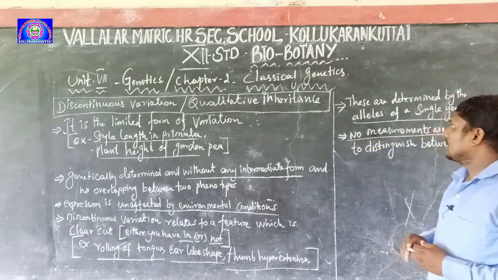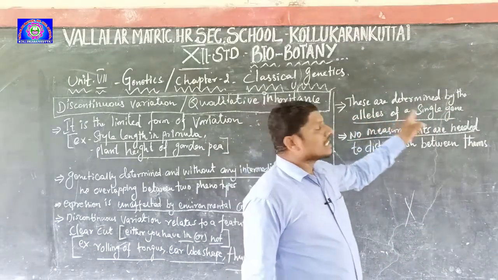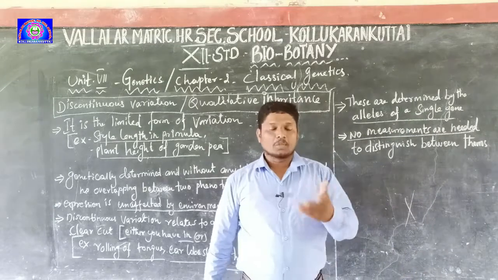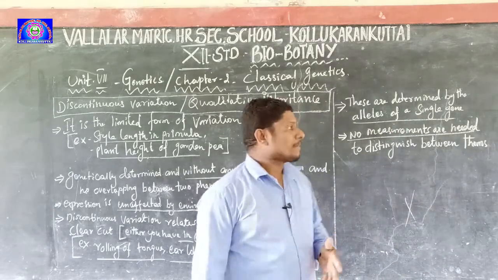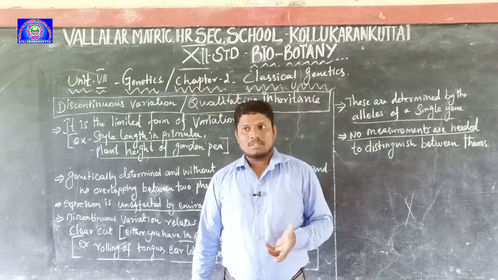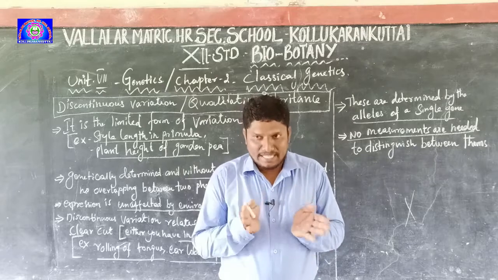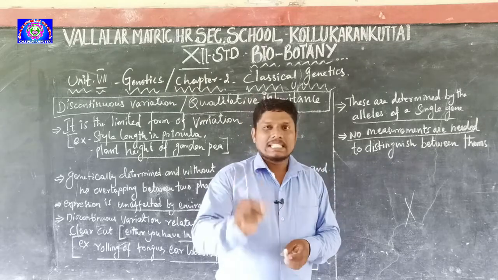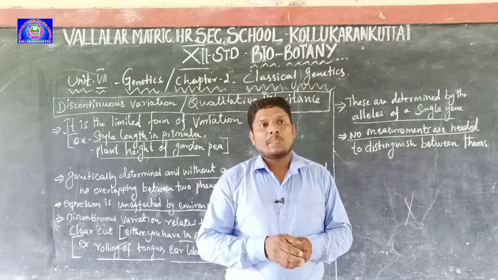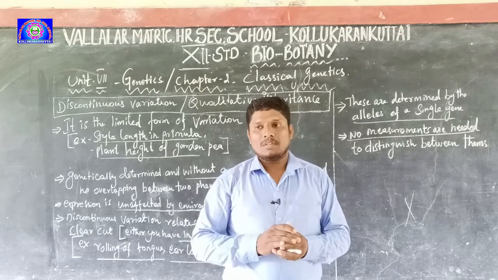Then next, these are determined by the alleles of a single gene. I already told you about alleles: throughout the body, in both plants and animals, the genes synthesizing a single character are present in various forms.